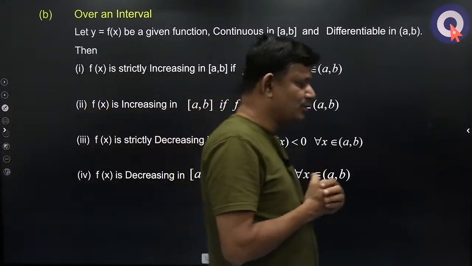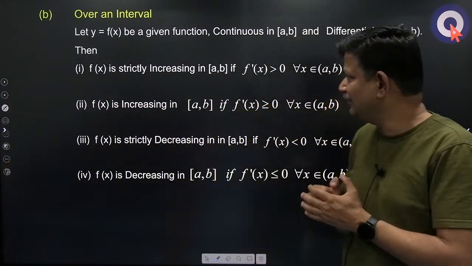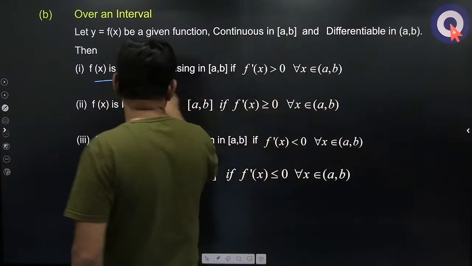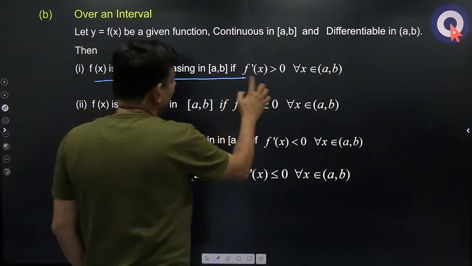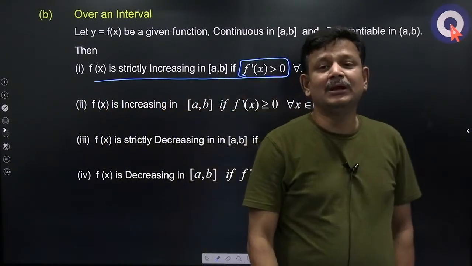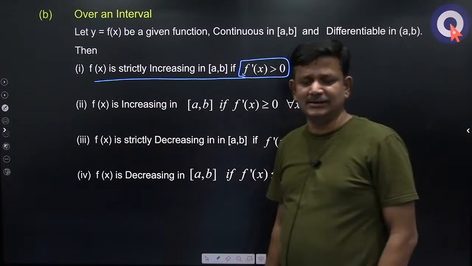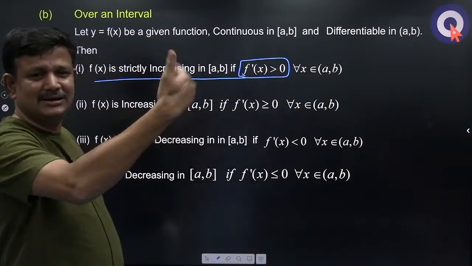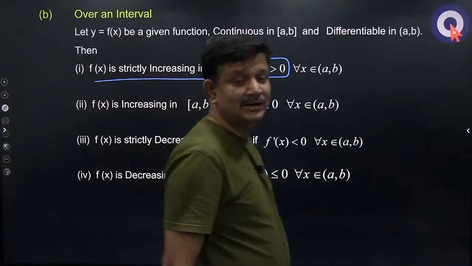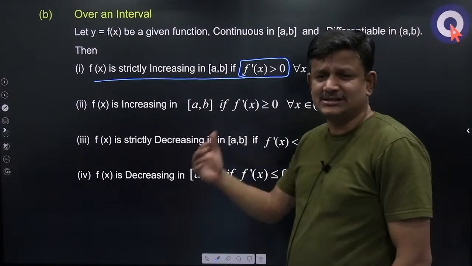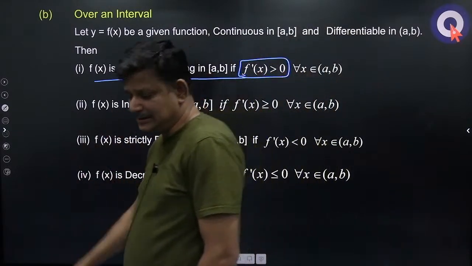This is how you check monotonicity at a point or an interval. And in an interval, if f dash x is greater than 0, then the function is strictly increasing. See, the other side it is not a condition. For a function to be strictly increasing, f dash x need not be greater than 0. A function can be discontinuous and still can be strictly increasing. A function need not have a derivative but still can be strictly increasing.